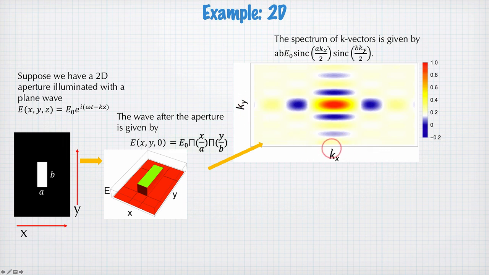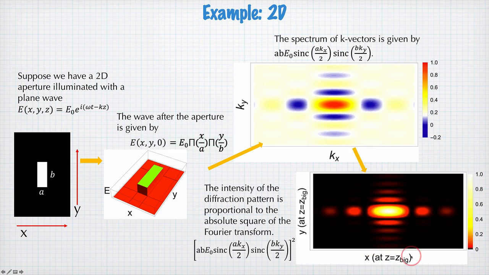They propagate into the far field to give us a diffraction pattern that will look like this at large z. So all these different values of ky will, in this direction here, propagate and move away from the aperture in the y direction, and the x values similarly. And we see that the narrower aperture in the x direction gives us the wider diffraction in the x direction, because the narrower aperture has a wider range of k values associated with it.